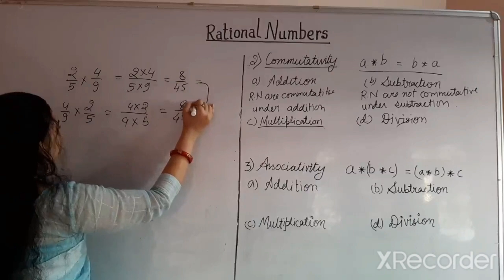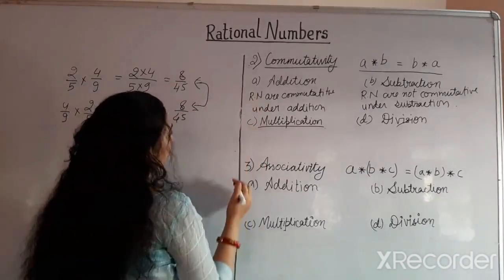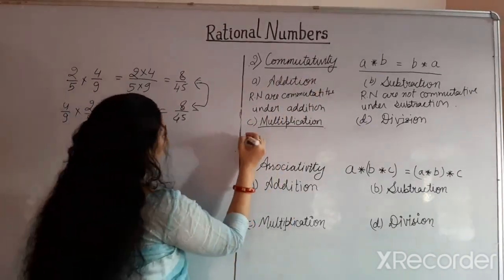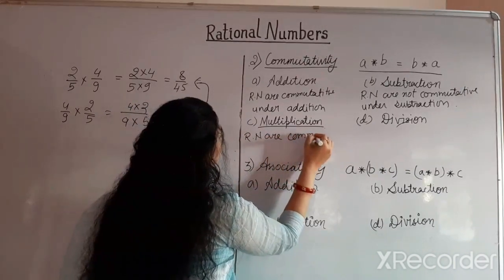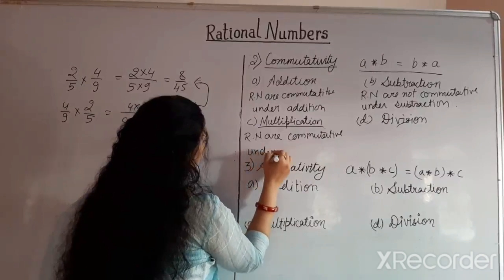So both these are equal, right? So we can say that rational numbers follow commutativity for multiplication, or rational numbers are commutative under multiplication.